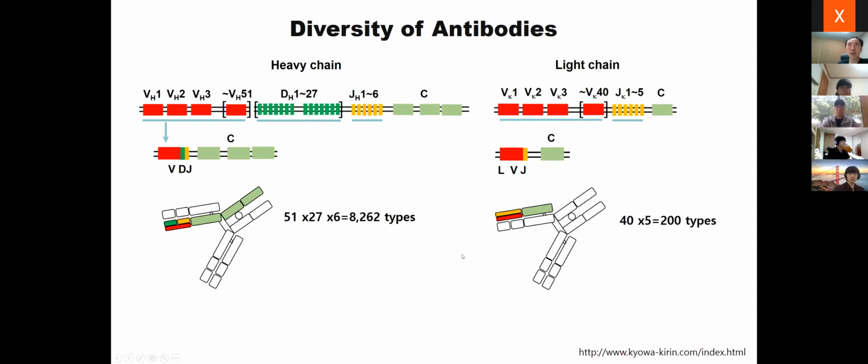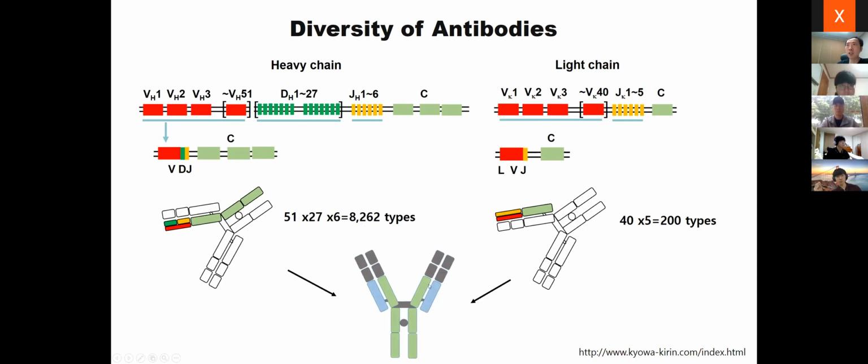That's not all. They can be combined together. Any option of a heavy chain comes here and a light chain comes here. You can multiply these together. Then the total number of antibodies is 1.6 million. Now, how many genes did we use? Add up these, about 80, and then about 40. Altogether, maybe 120.